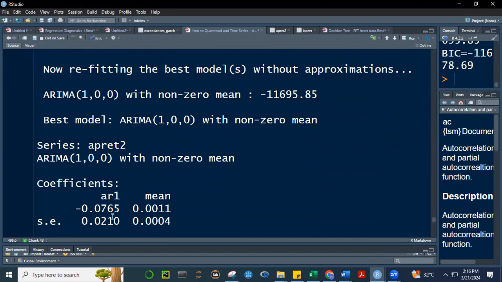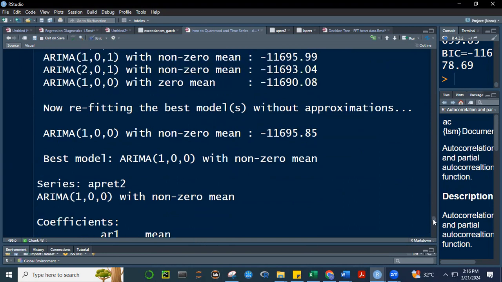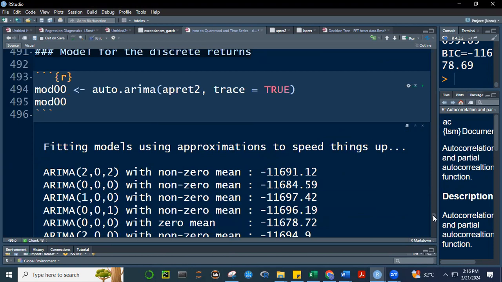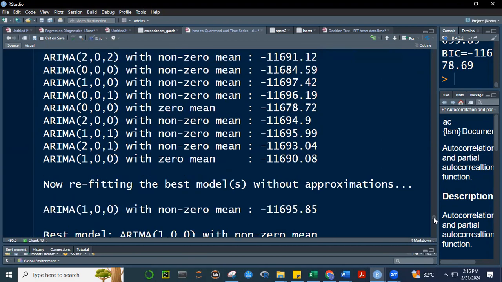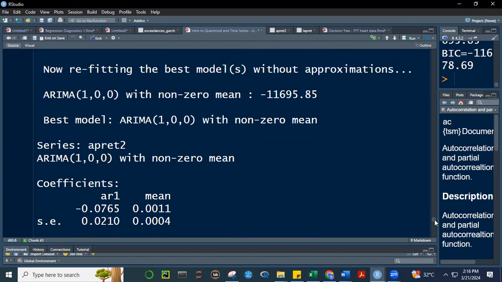Magkaiba lang ng konti yung AR1 component at saka min. So this goes to show class that hindi masyadong malaking difference ang log returns at saka yung discrete returns. Mas madali lang i-interpret o mas madali lang i-work through ang log returns. Okay, but the model itself, ARIMA, still the same. ARIMA 100 din, no?